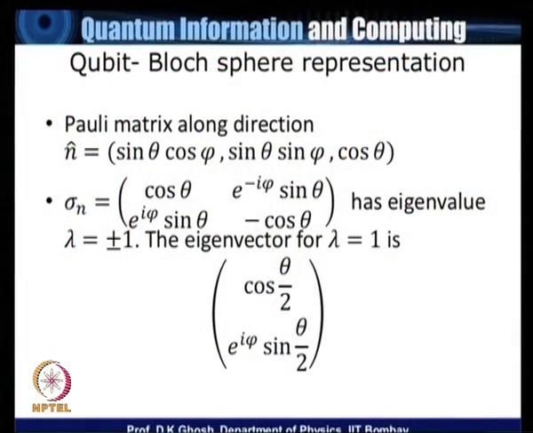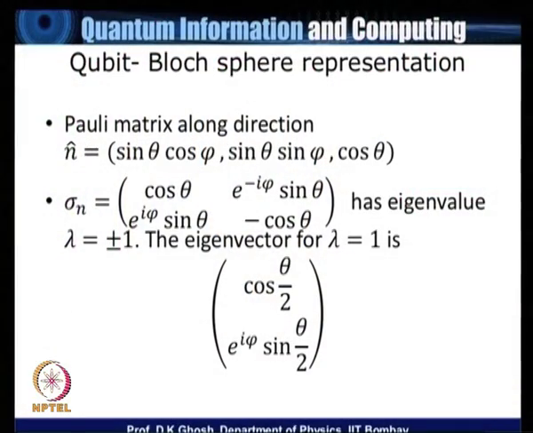Now I talked about a beautiful geometrical representation. So I said that what we do is choose a direction r, or if you like a unit vector n, along which the component of the spin has a value h cross by 2.